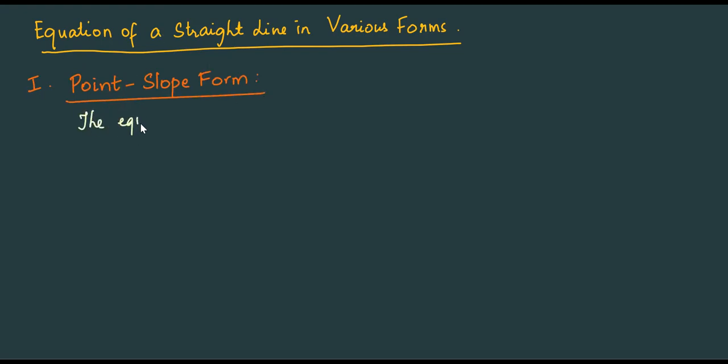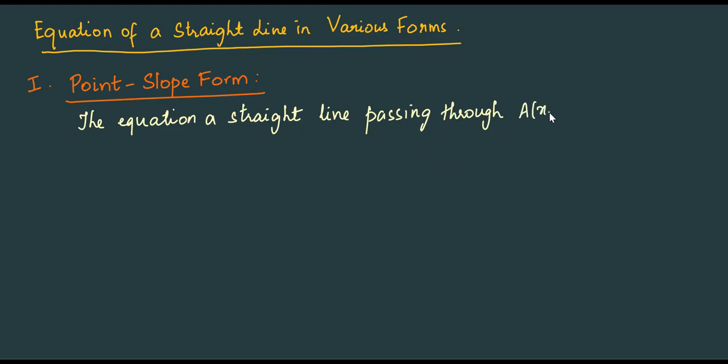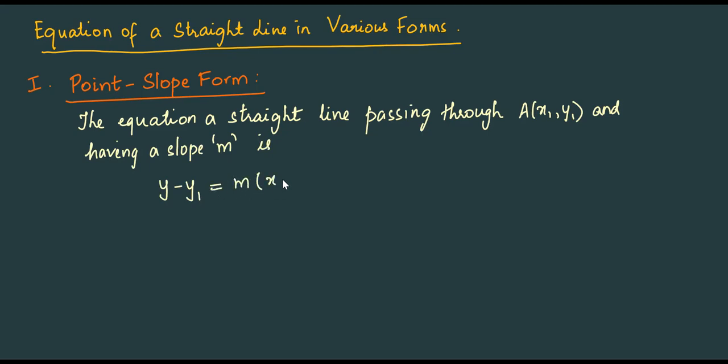So the equation of a straight line passing through some point A (x1, y1) and having a slope m is y minus y1 is equal to m into x minus x1.